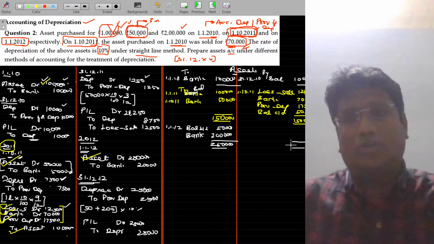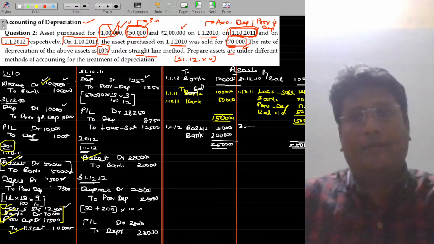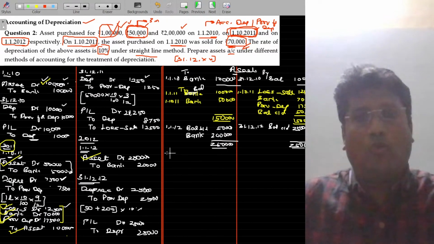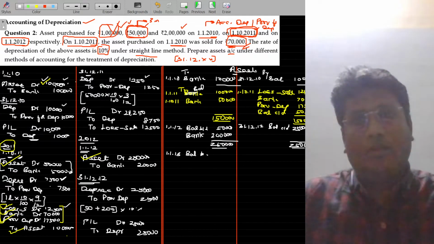Year on year, we have posted all these things. By the third year end, 31st December 2012, by balance carried on being 2.5 lakhs. Start this as opening balance the next year, 1/1/13, balance brought down, the value being 2.5 lakhs.